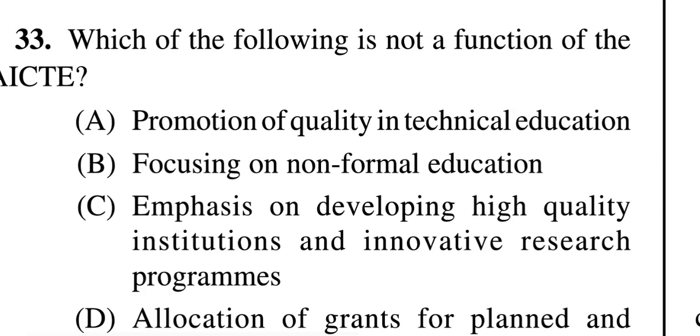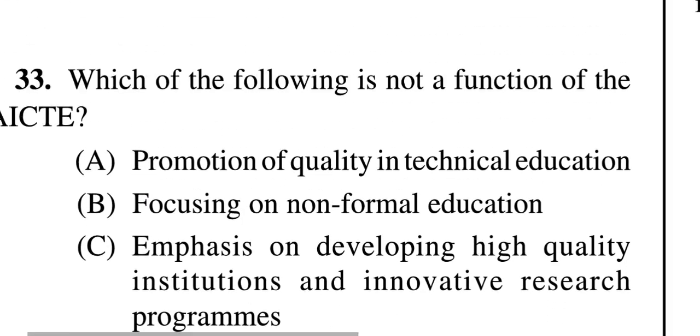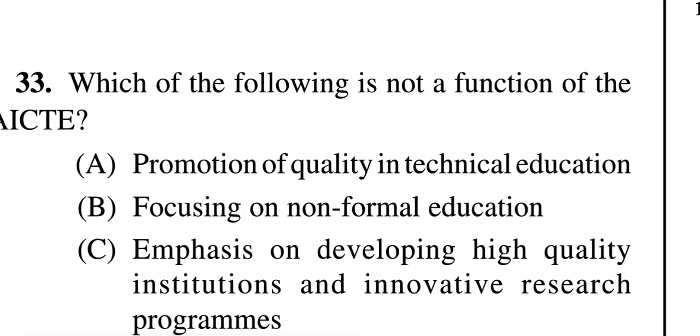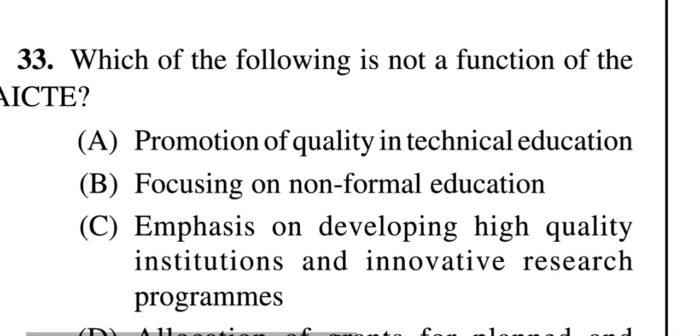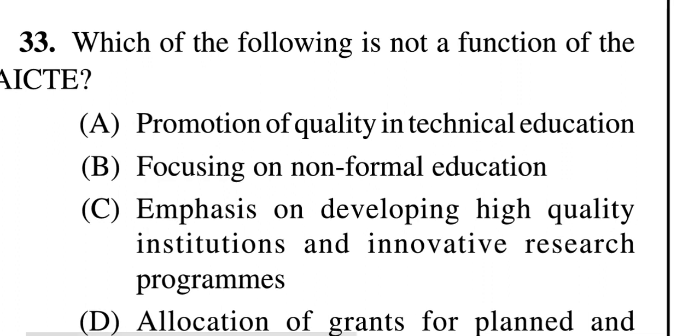So the correct answer will be D. AICTE does not stand for allocation of grants for planned and coordinated development of technical education, but it functions for promotion of quality in technical education, focusing on non-formal education, emphasis on developing high quality institutions and innovative research programs.